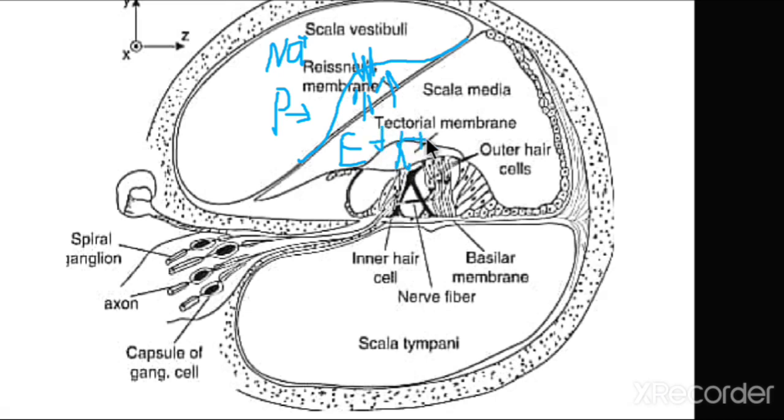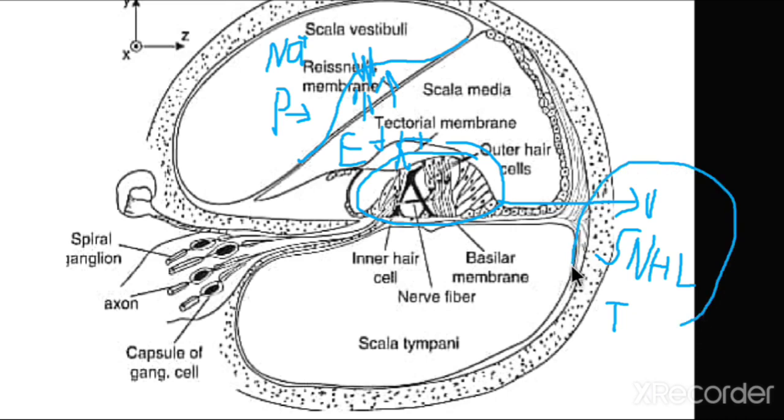The mixture of these ions may depolarize the organ of Corti, placed above the basilar membrane within the scala media, and may lead to symptoms like vertigo, sensorineural hearing loss, and tinnitus. These are the triad of Meniere's disease. Sometimes the patient may feel aural fullness, as the excessive pressure may lead to fullness of the ear.